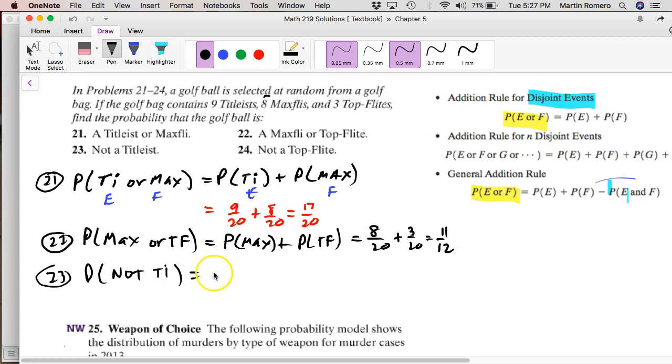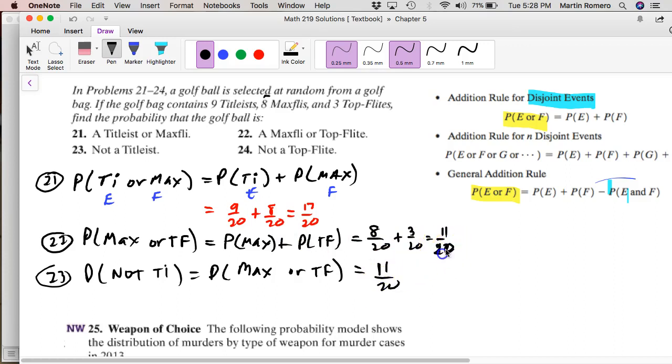Technically, the probability of not Titleist is the same thing as the probability of Maxfli or Top Flite. So in this case, it really is just going to be what we have on problem 22, 11 out of 20.